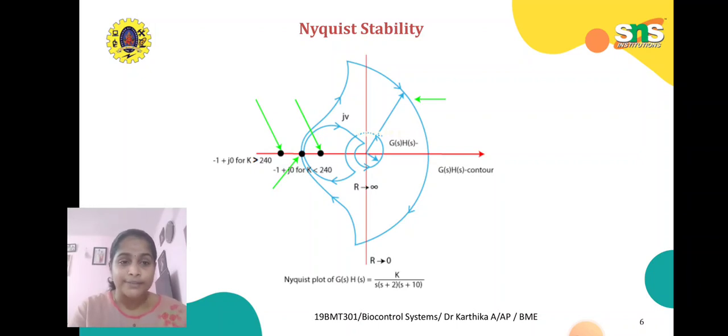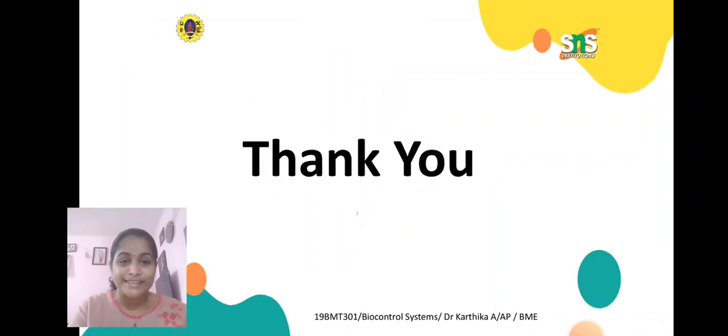Here the Nyquist plot of G(s)H(s) = K / (s(s+2)(s+10)) is represented here. In this example, we can clearly understand how the Nyquist plot is plotted using C1, C2, C3 and C4 to analyze or calculate the stability of a control system.